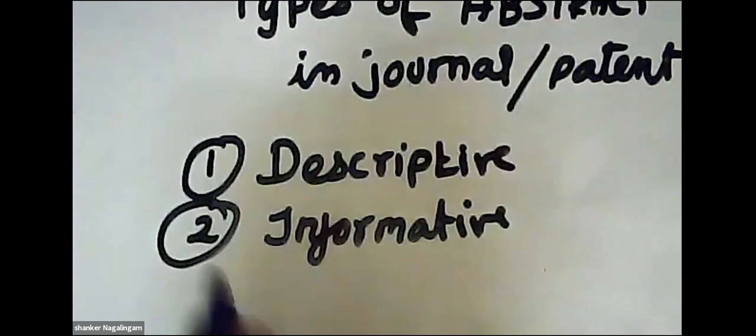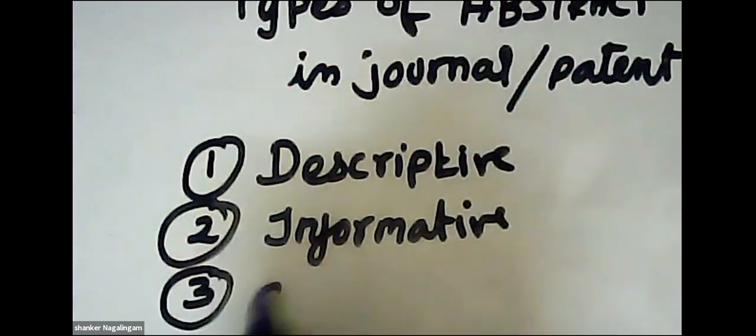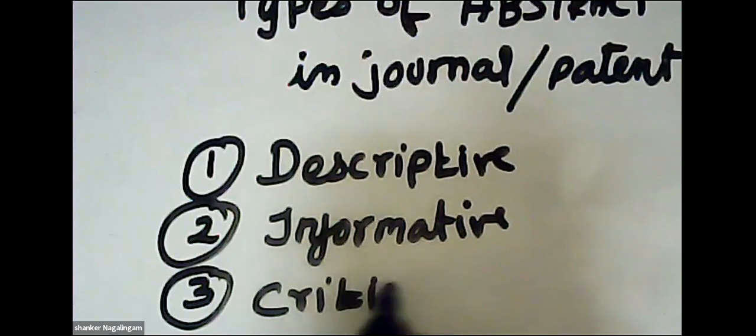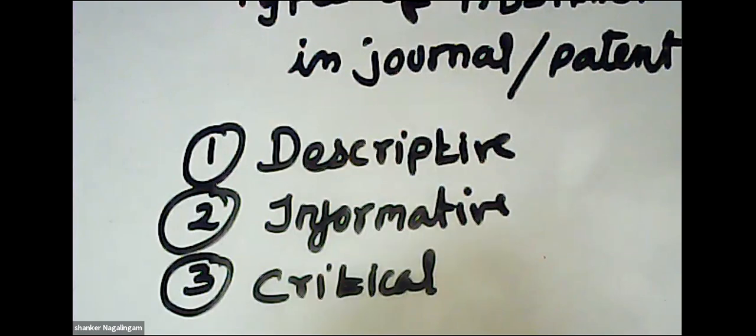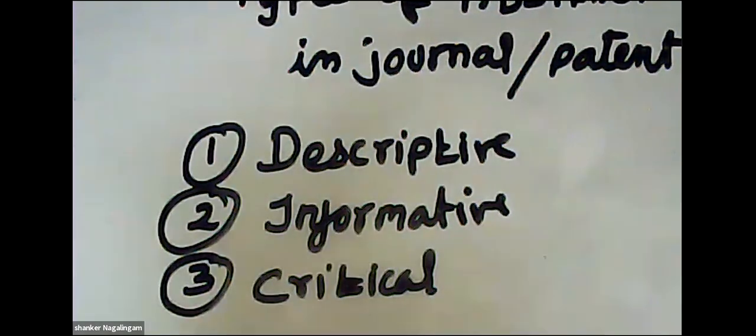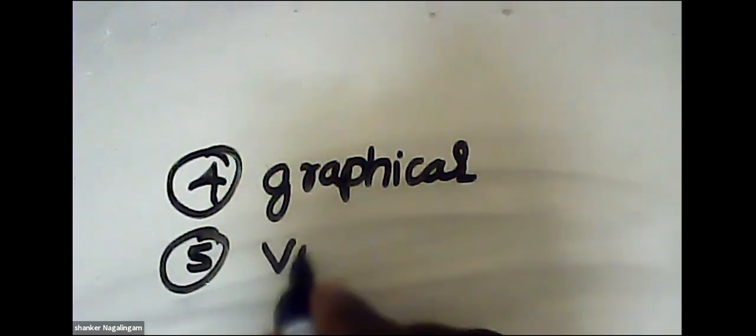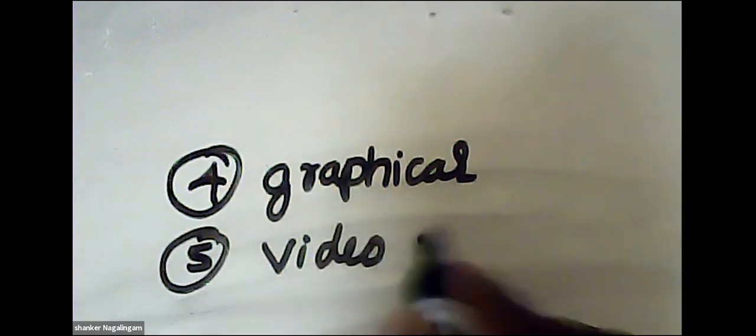The third one is the critical abstract, and the fourth will be your graphical abstract, and fifth will be your video abstract.